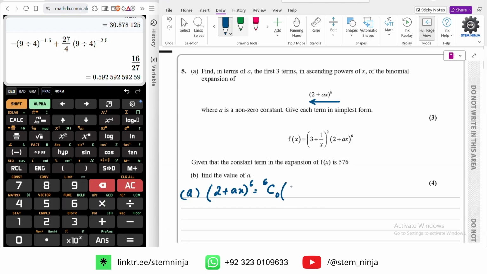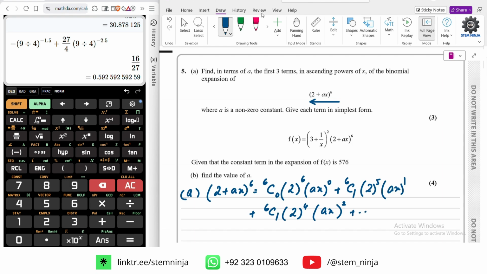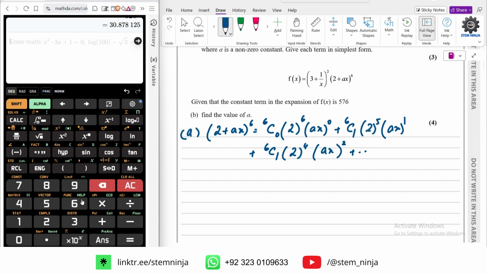So we are starting with 2 raised to the power 6 and ax raised to the power 0, plus 6c1, 2 raised to the power 5, ax raised to the power 1, plus 6c2, 2 raised to the power 4, ax squared, and these are the first three terms. So we need to simplify this. 6c0 is just 1.